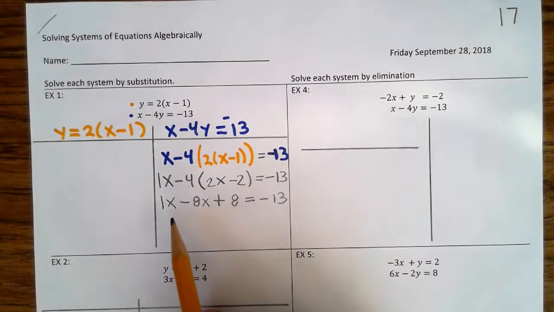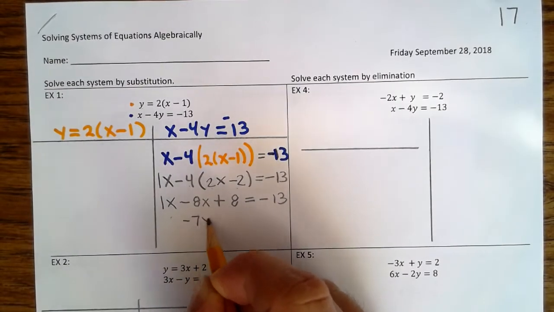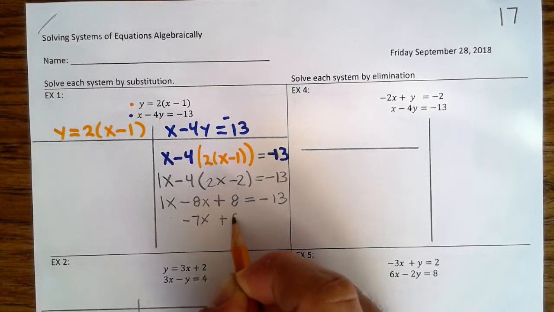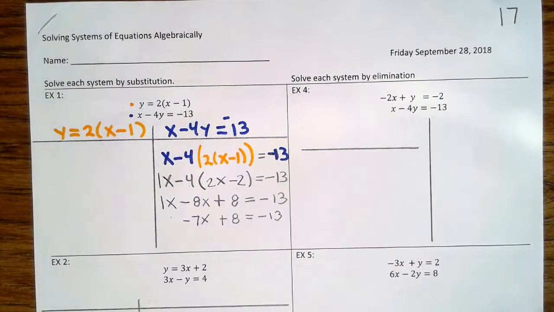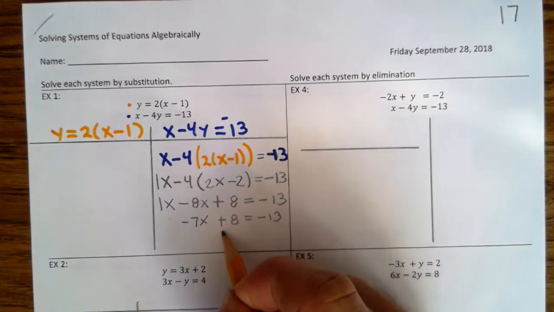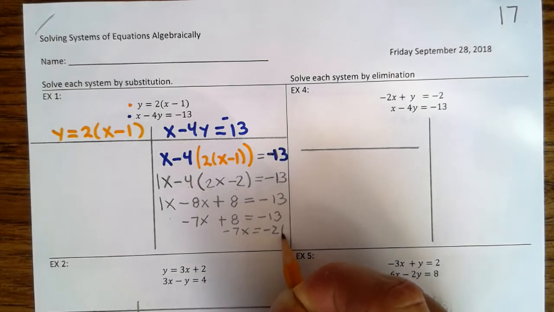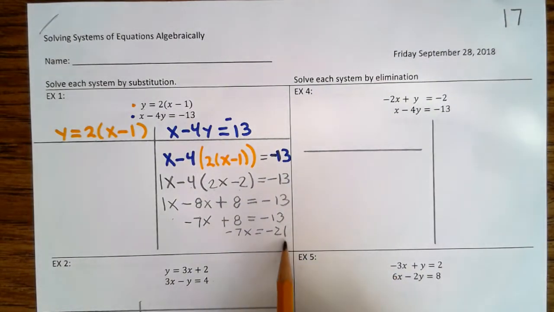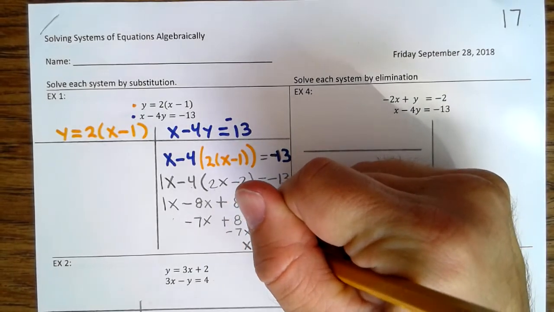Okay, so 1x minus 8x is negative 7x plus 8 equals negative 13. Subtract 8 from both sides, you get negative 7x equals negative 21. Divide negative 7 by both sides, x equals positive 3.